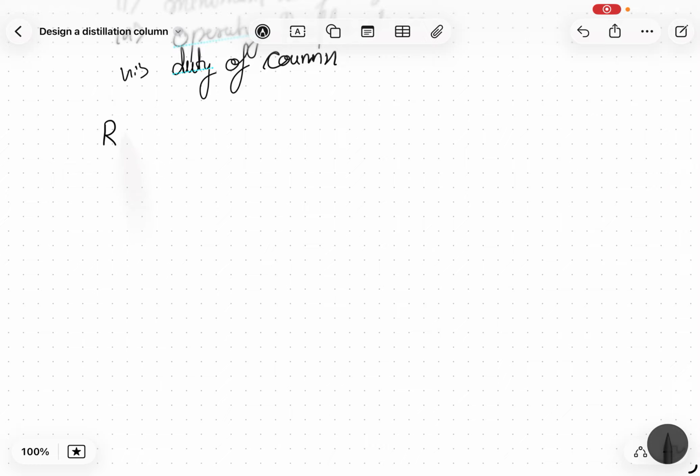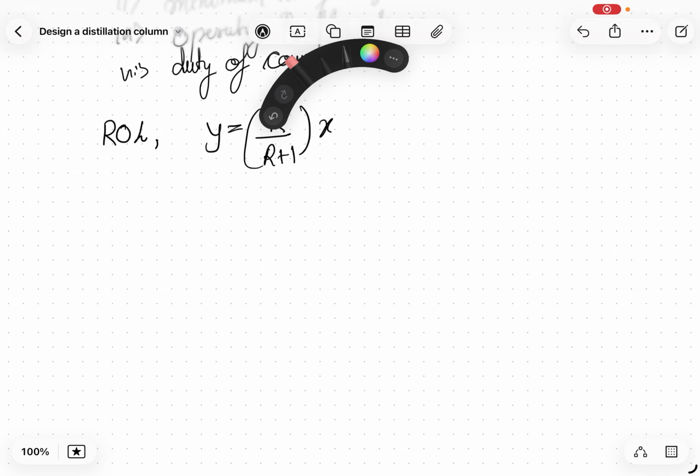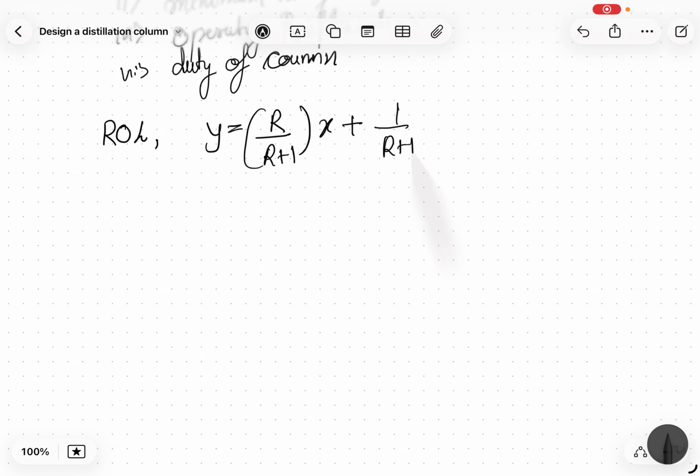So ROL, the rectification section operating line, is y equal to R divided by R plus 1 x plus 1 upon R plus 1 xd.